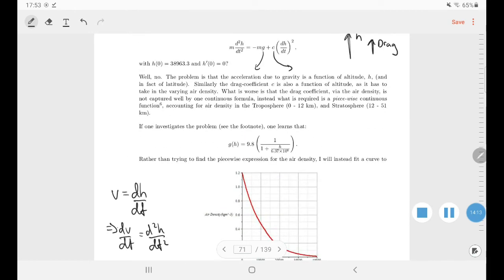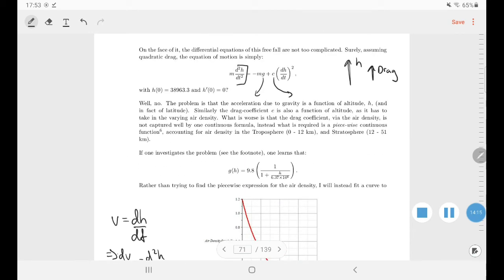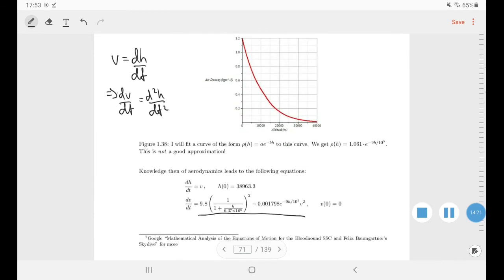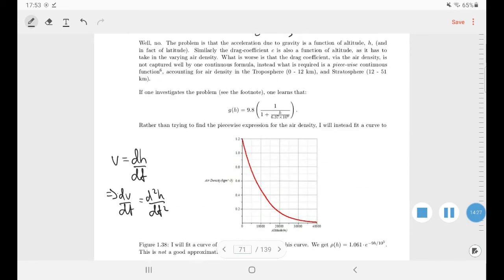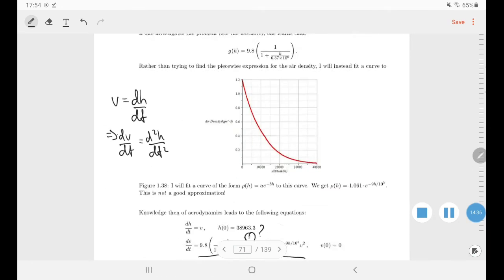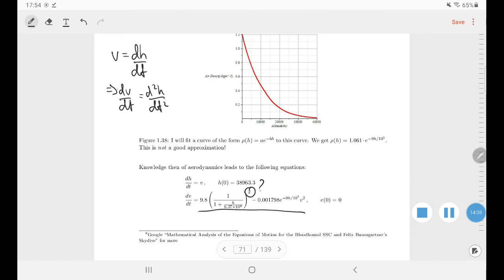So this thing here is dv/dt, and we get the equation below, the minus g, which has turned into positive. We won't worry about that too much. And there's an extra square coming. I don't know what's going on here. Maybe this should be plus and this should be minus.